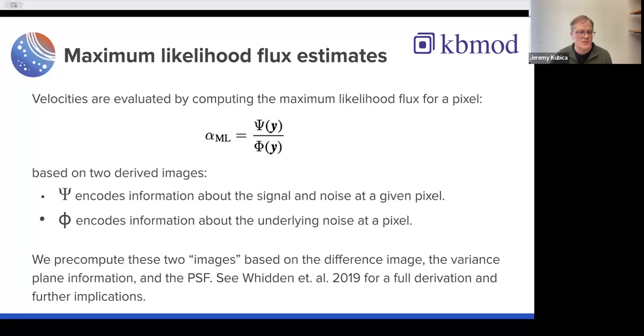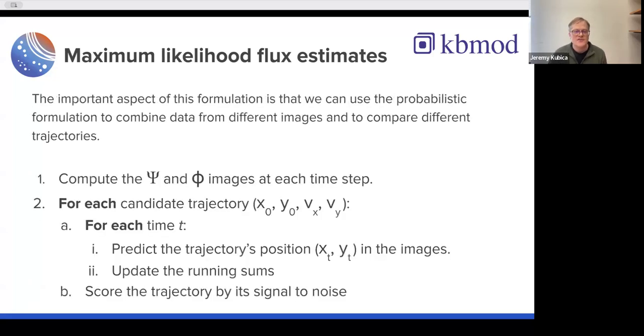And by just doing a simple division of the pixel values of those images, we get the maximum likelihood estimation. The advantage of this is it really allows us to combine data from different images, which might have different scales or different noise characteristics, in a single comparable way. We are dealing with the maximum likelihood flux estimate.